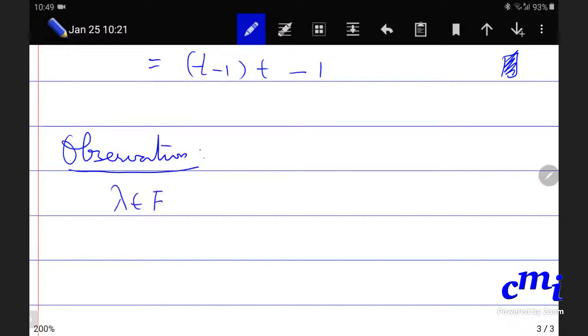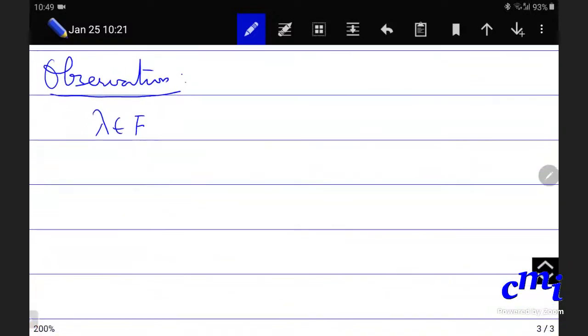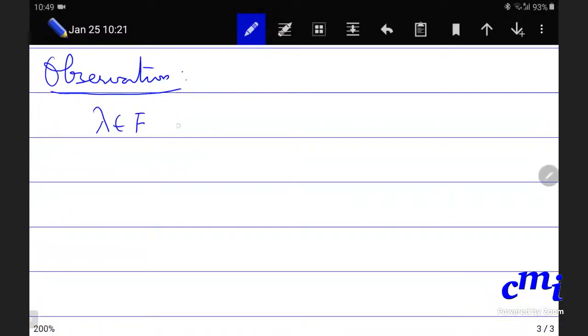I'm going to write a sequence of implications. It will become clear in a while where I am heading.